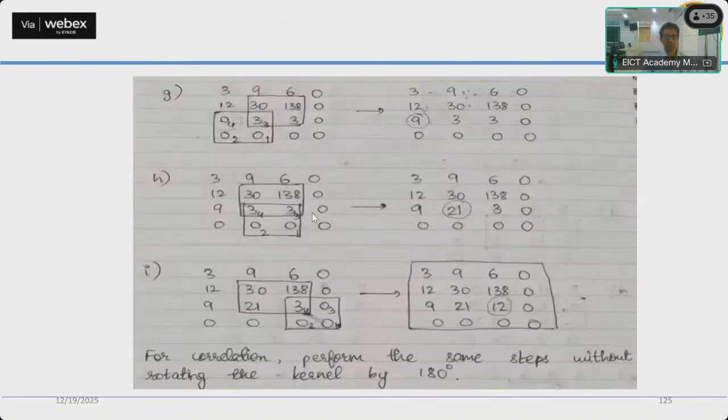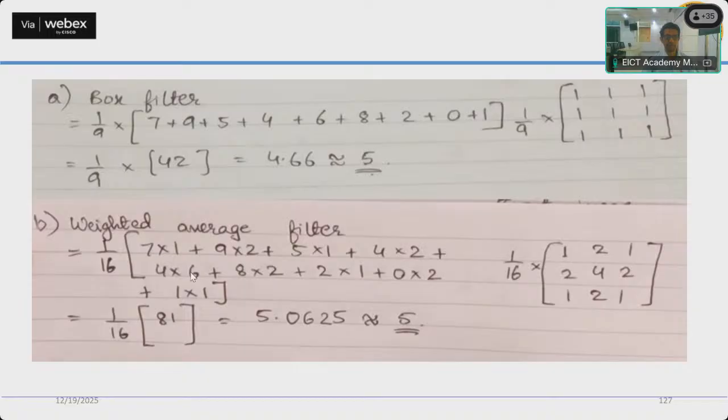Weighted average filter. See what weight you are taking. So it is basically 1 upon 17, this value is given. So this way you are taking the weight. It is up to us, if you recall. Are you able to recall the weighted average filter concept? Yes or no?